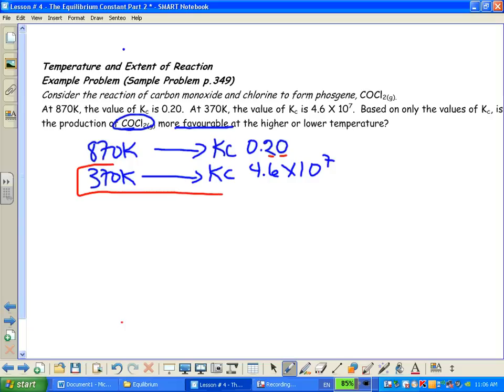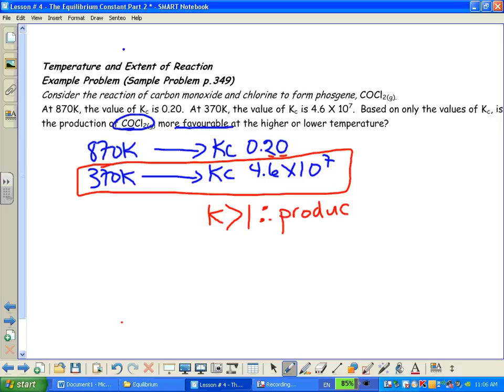This one, our K is way greater than 1. So therefore, products are favored. To finish this off, based on the values, which one would be favorable, higher or lower temperature? It's favorable at the lower temperature.